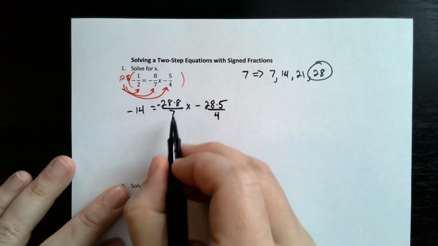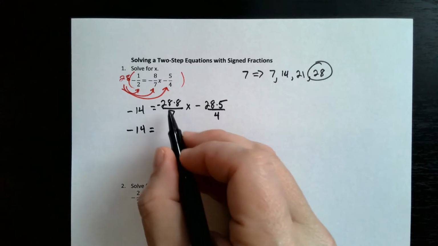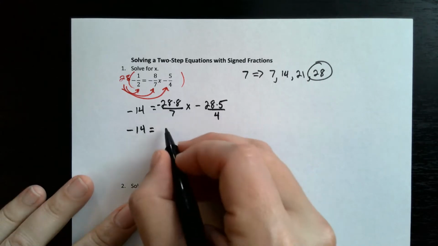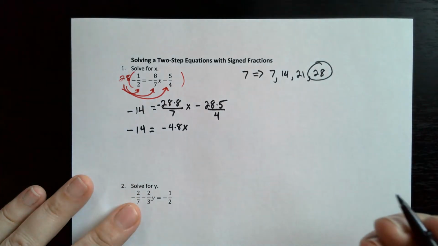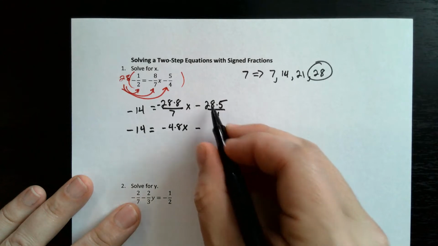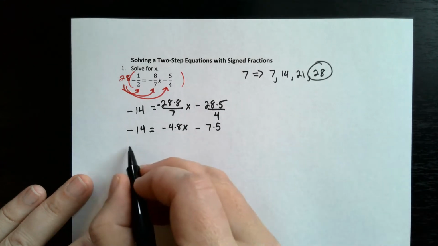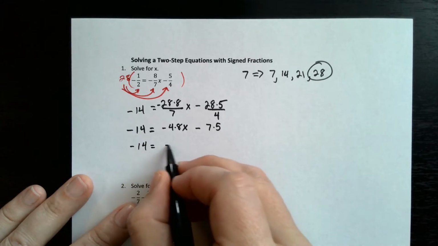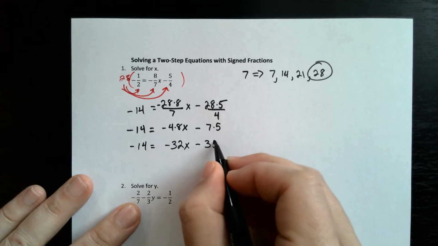Let's go ahead and do this step. We get negative 14 equals, 7 goes into 28 4 times, so negative 4 times 8x. There's no more fraction because the 7 got reduced with the 28 on top. Minus, 4 goes into 28 7 times, so 7 times 5. Let's clean that up. Negative 14 is equal to negative 32x minus 35.